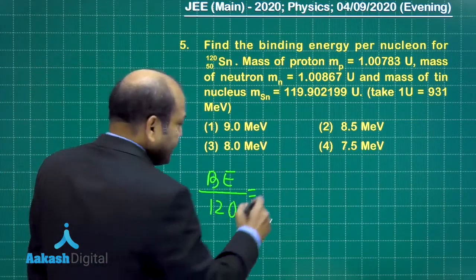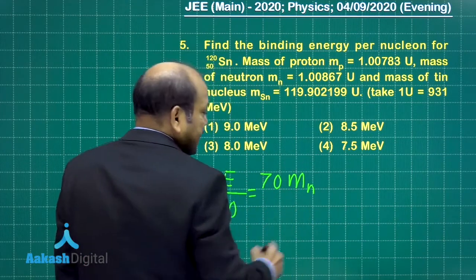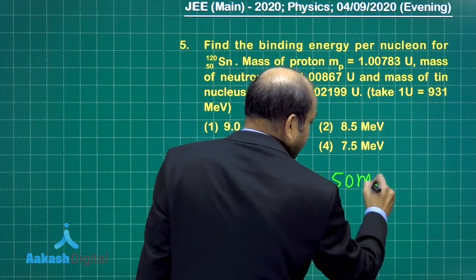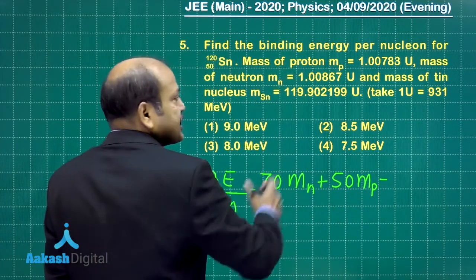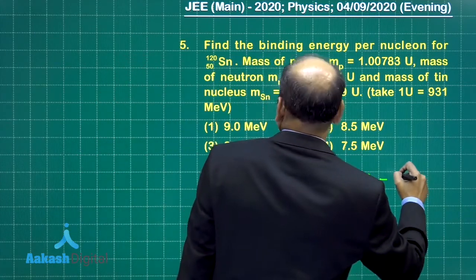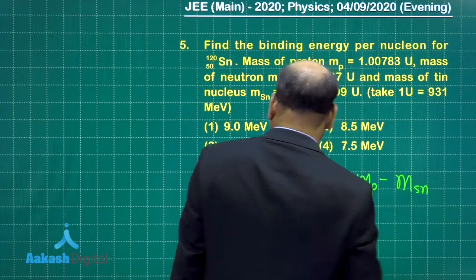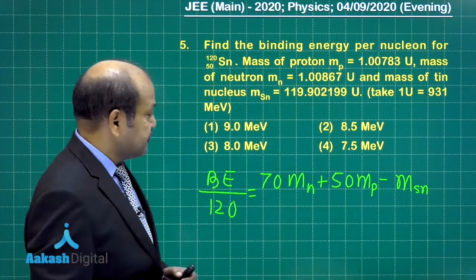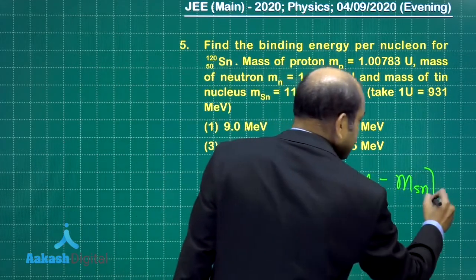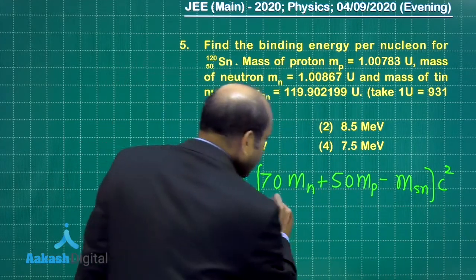So that means 70 times mass of neutron plus 50 times mass of proton minus the mass of this tin nucleus, which is, let's call it m_Sn. In fact, that is how it has been called in the question that is given to us. So this is the mass defect. We need to multiply it by c square, the speed of light square, divided by 120.